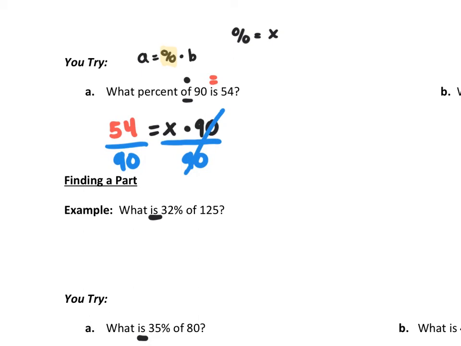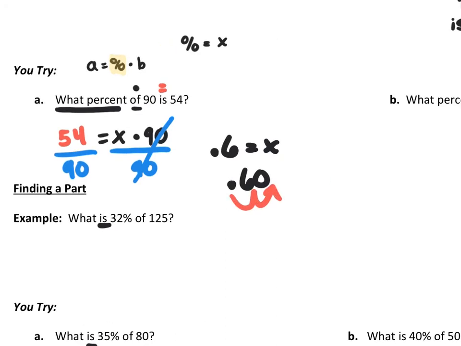And when we do that, I'm going to go ahead and type 54 over 90 into a calculator and get 0.6 is equal to x. Now notice that the question said, what percent? That means we need to turn that 0.6, or if you want to think of it as 0.60, back into a percent by moving the decimal place over 2 spots, and we'll get the answer of 60%.